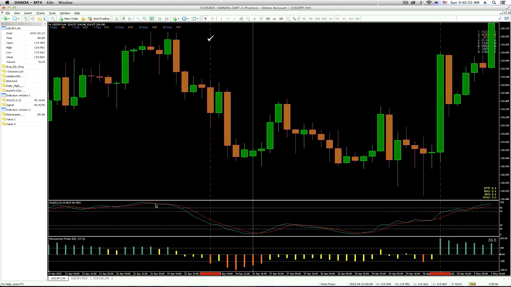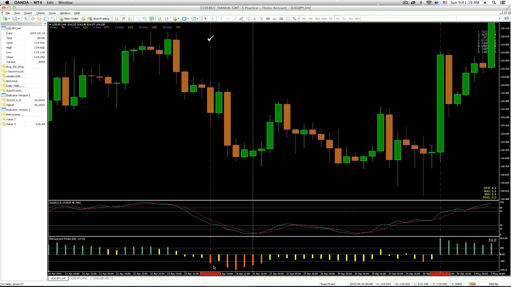The stochastic was above the 80, or at least touched the 80. It came back down through it, and then our first CCI confirmation was this orange bar down here. By the way, this is slightly different. It's a little bit visually easier for me because we have a green bar if it's over 100.